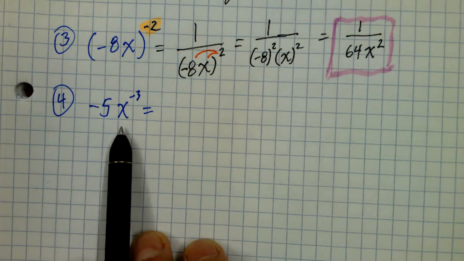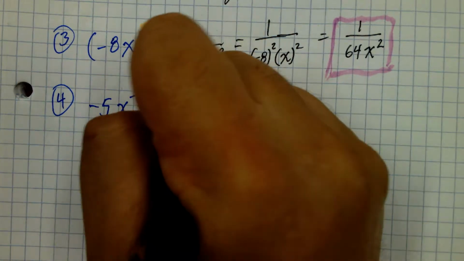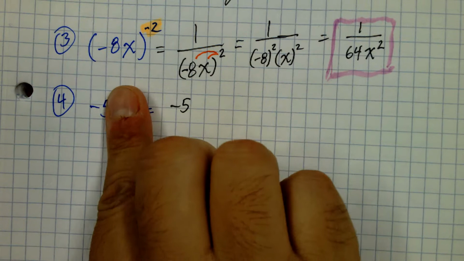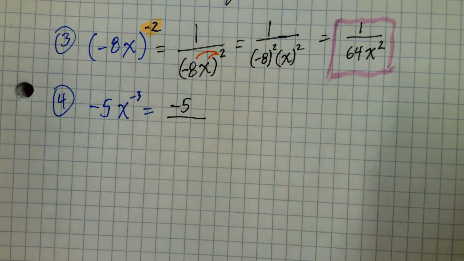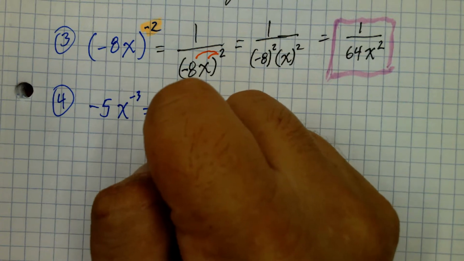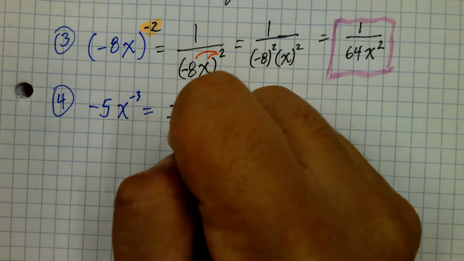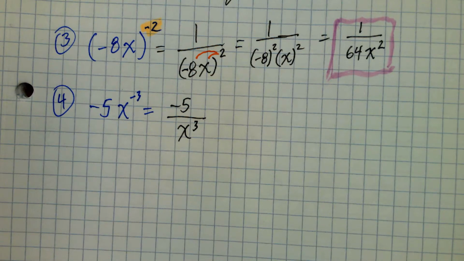So how would we write that then? Negative 5 over x. Negative 5 is happy. It doesn't have a negative exponent. And then x to the negative 3, that part's not happy. To the negative third becomes positive 3 here. So negative 5 over x to the third.